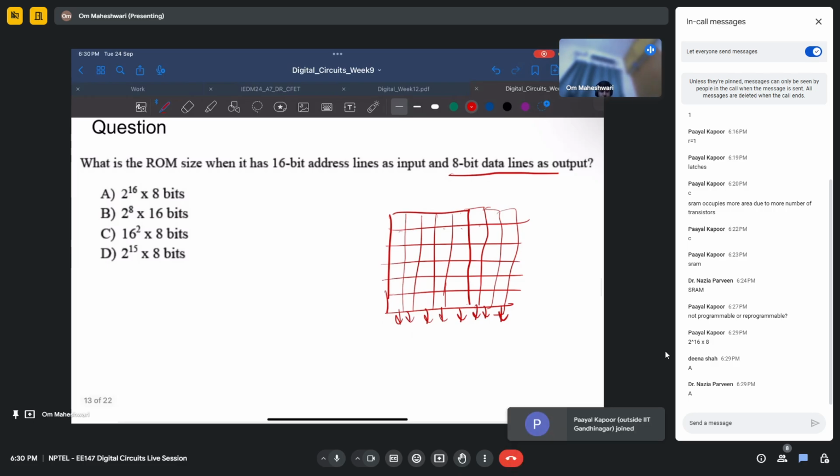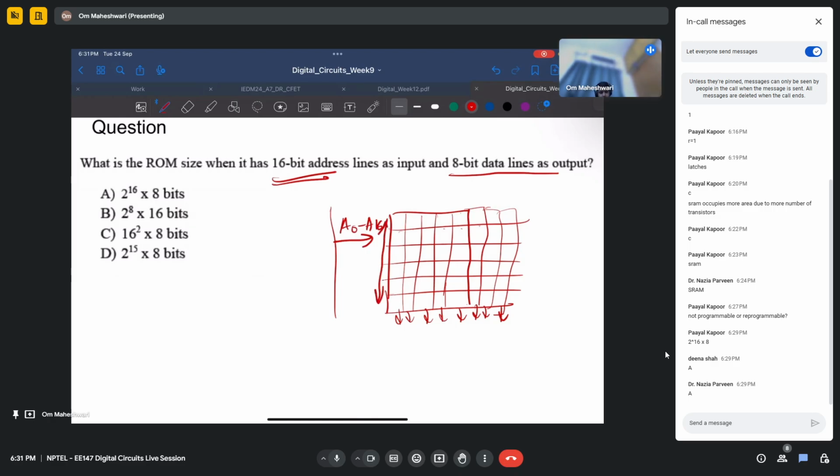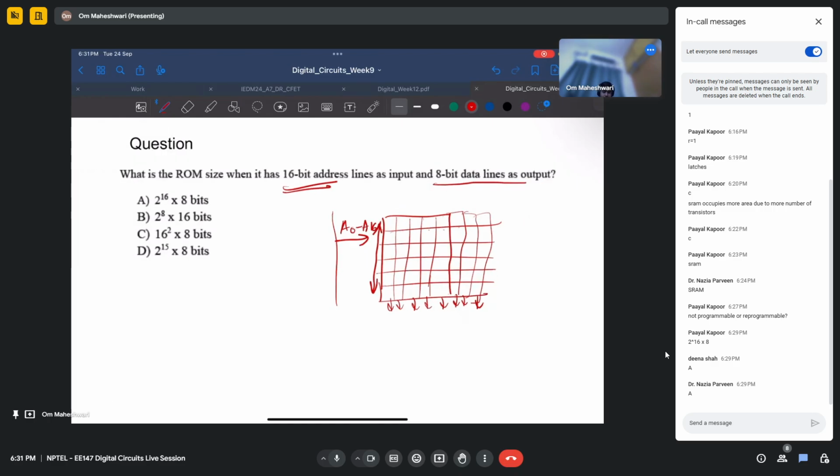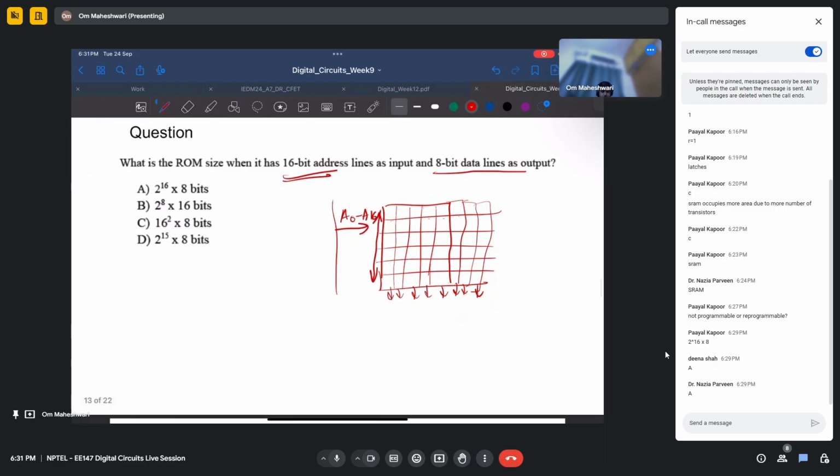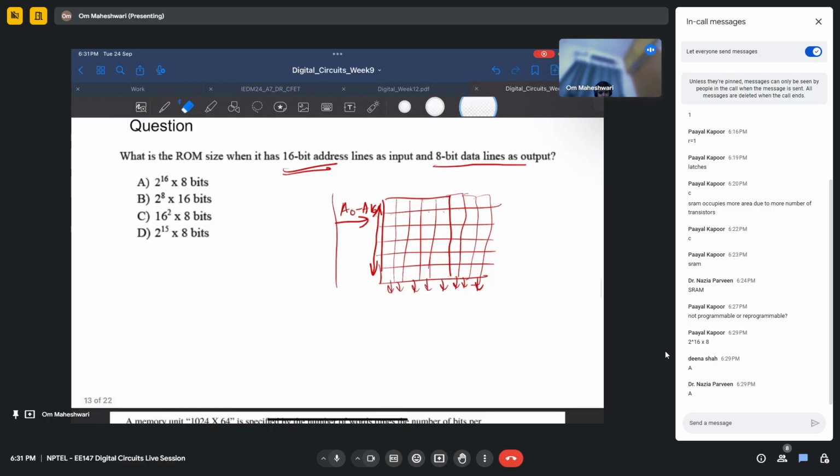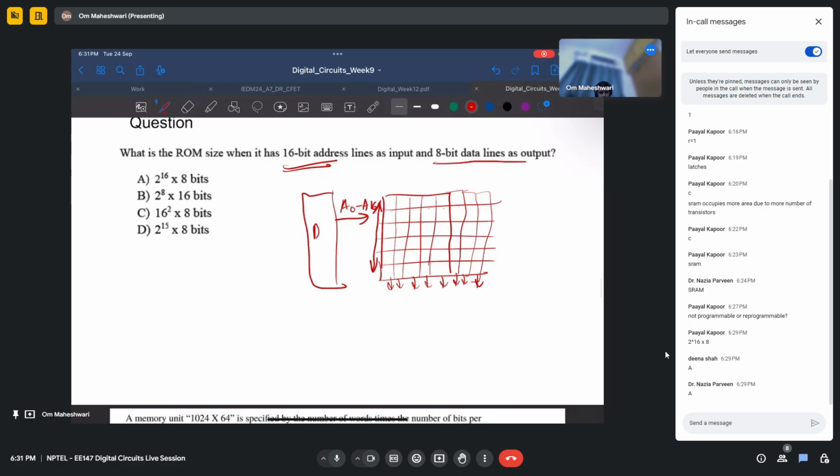Now we have 16 address lines. What are they saying? You have some address lines, let's say A0 to A16, which access these rows. Now to access each row, we have a decoder here.